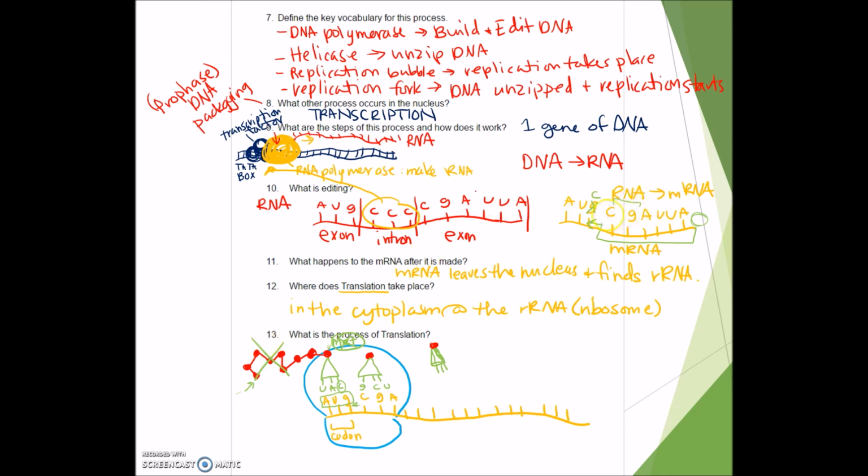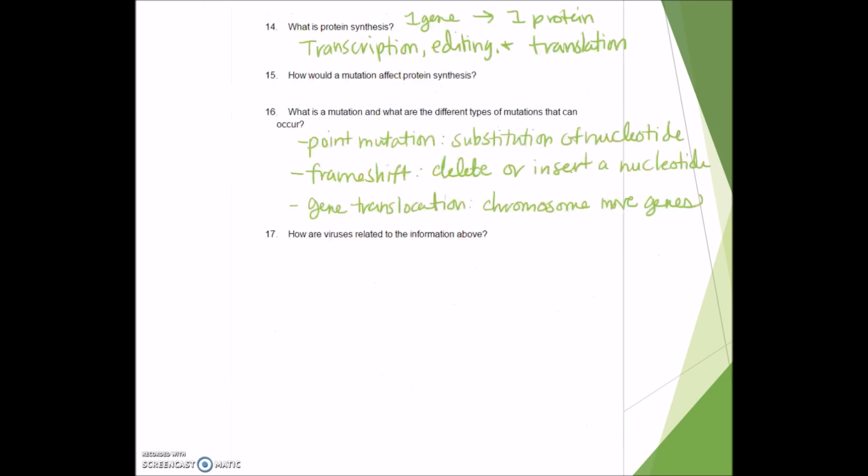Same if one was inserted. If we added an extra A in here, that's going to cause an issue, because it's going to move everything down this way. It's going to shift that entire frame, as the name implies. Okay, so it's going to make a protein that doesn't work.